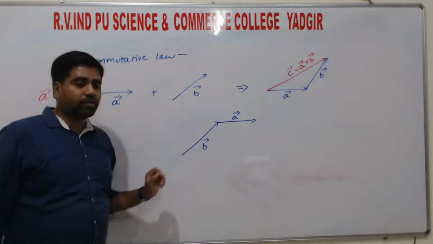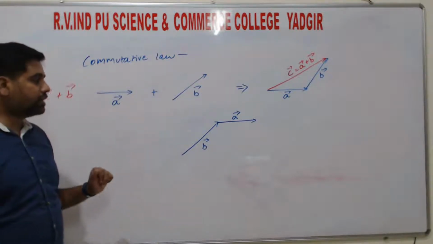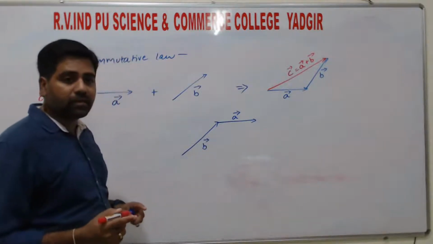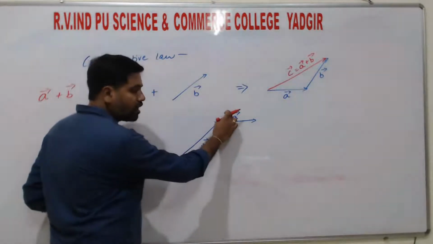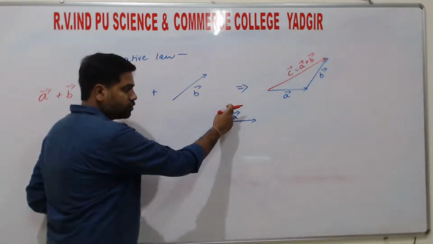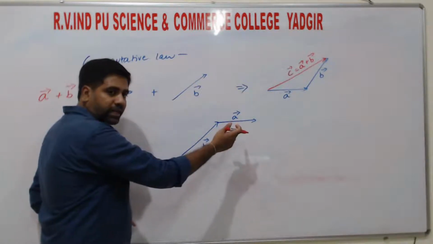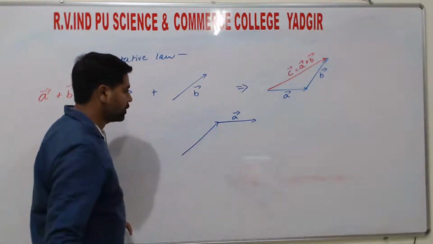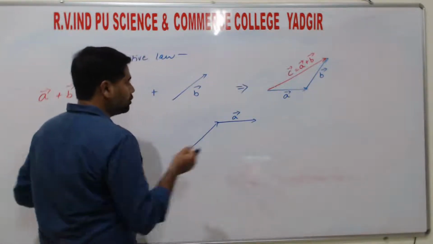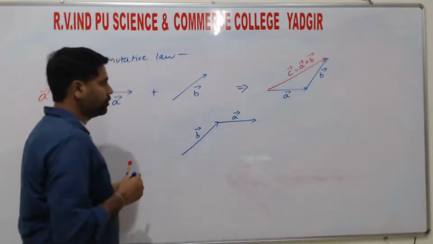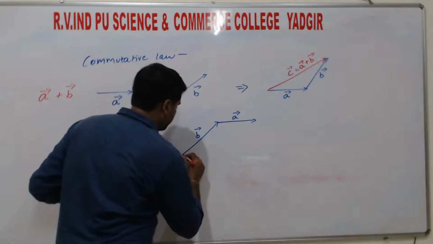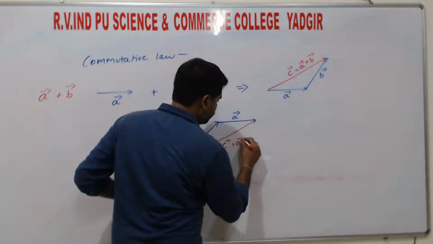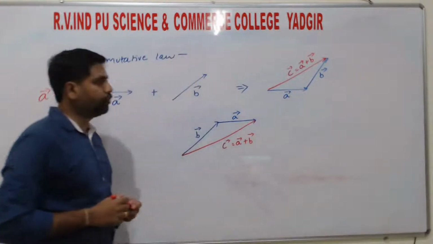The third side gives the resultant, which is taken in the reverse order. This one is in the clockwise direction, so the reverse order means anti-clockwise direction. The resultant is in the anti-clockwise direction. Here this one is the vector B. Now we get the resultant like this, that is vector C is equal to vector A plus vector B.